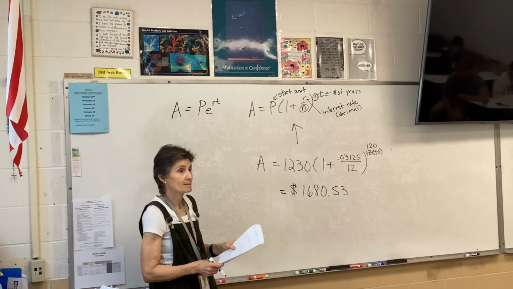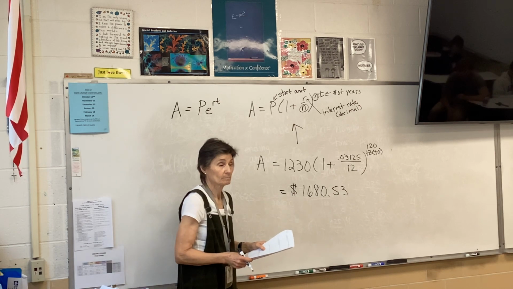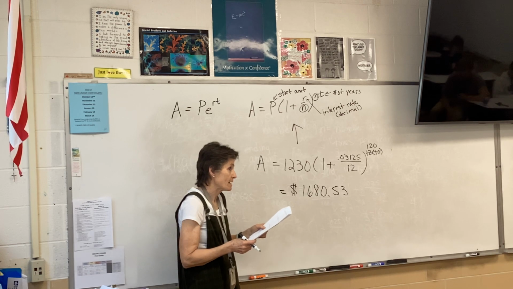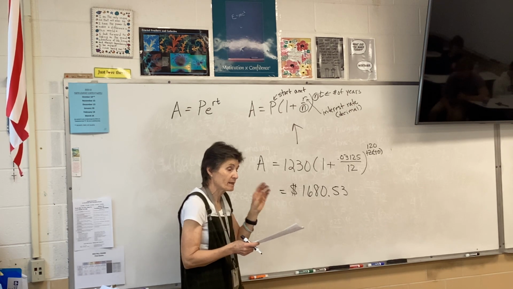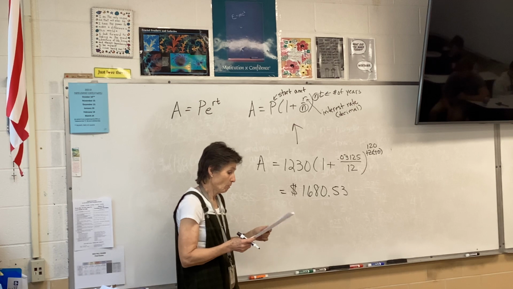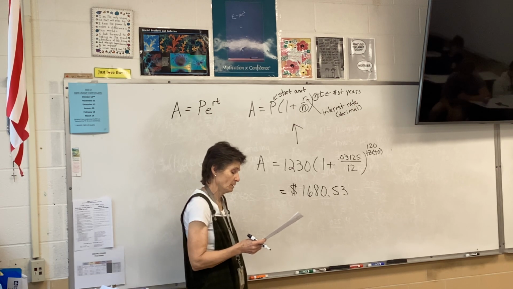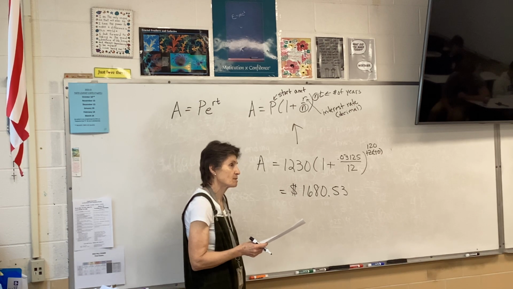Number 3 is not a money problem, right? We're not talking about dollars here. We're talking about geosites, some made-up organism. How long will it take for a population of 450 geosites to double if their growth constant is 0.123?